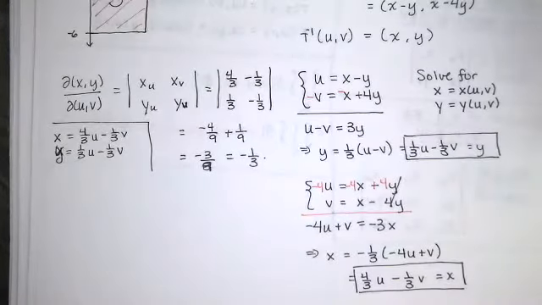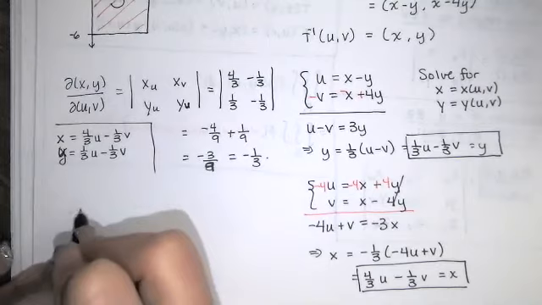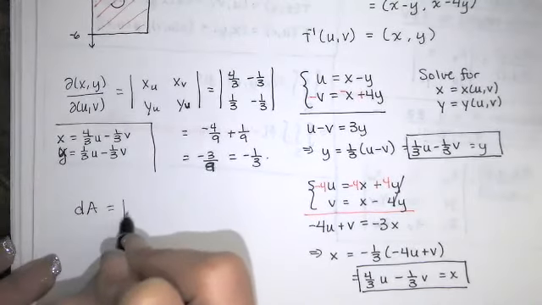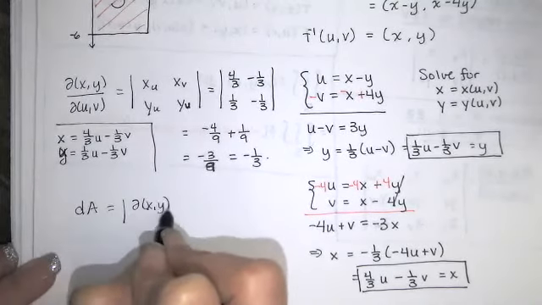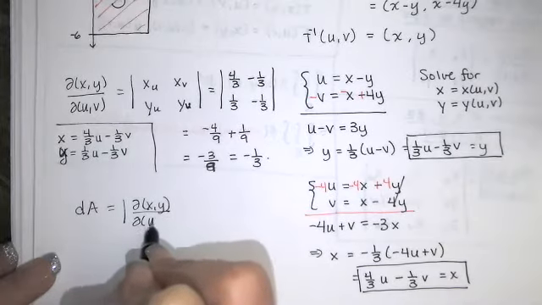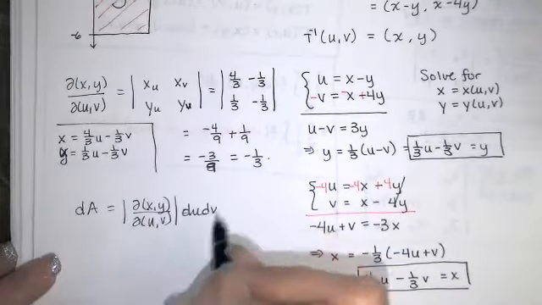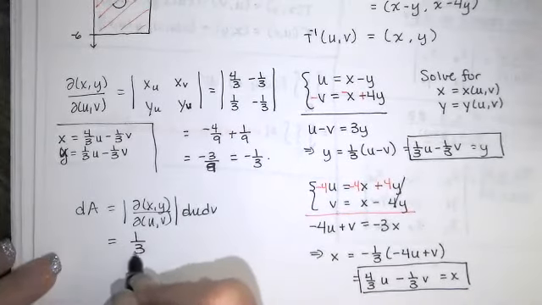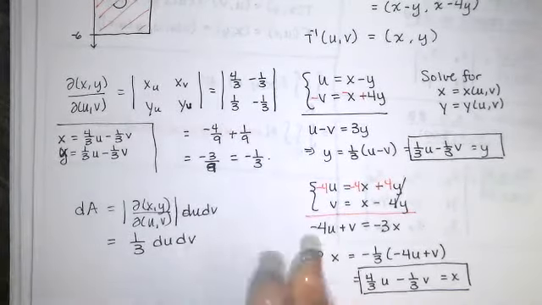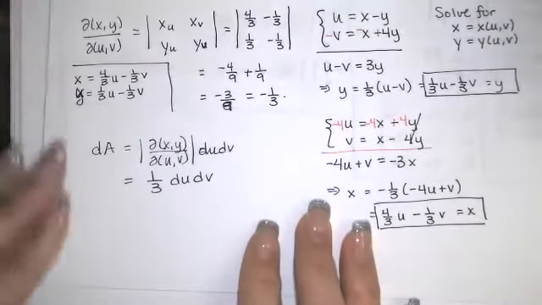So that's the Jacobian. So if I'm integrating my area piece, the absolute value of the Jacobian times du dv turns out to be 1/3 times du dv. That's it.